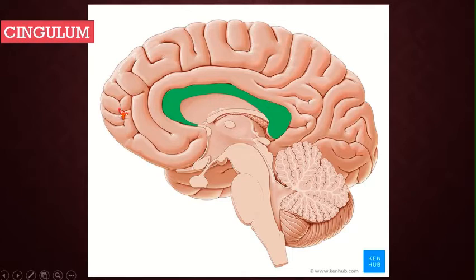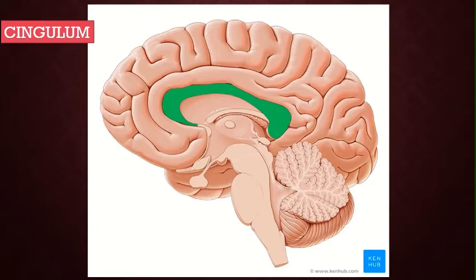When you see the short association fibers, they connect the adjacent gyri. The long association fibers connect the gyri which are away from each other, very distant.